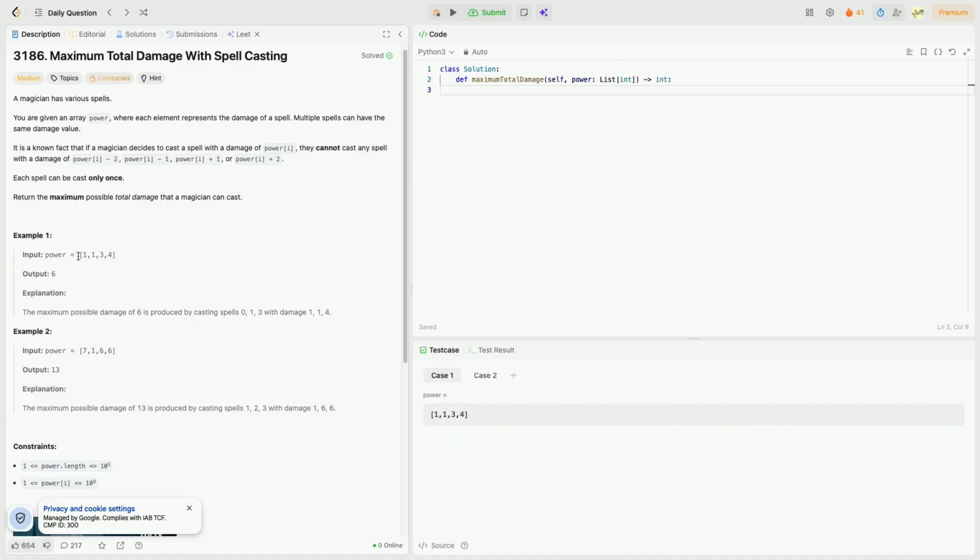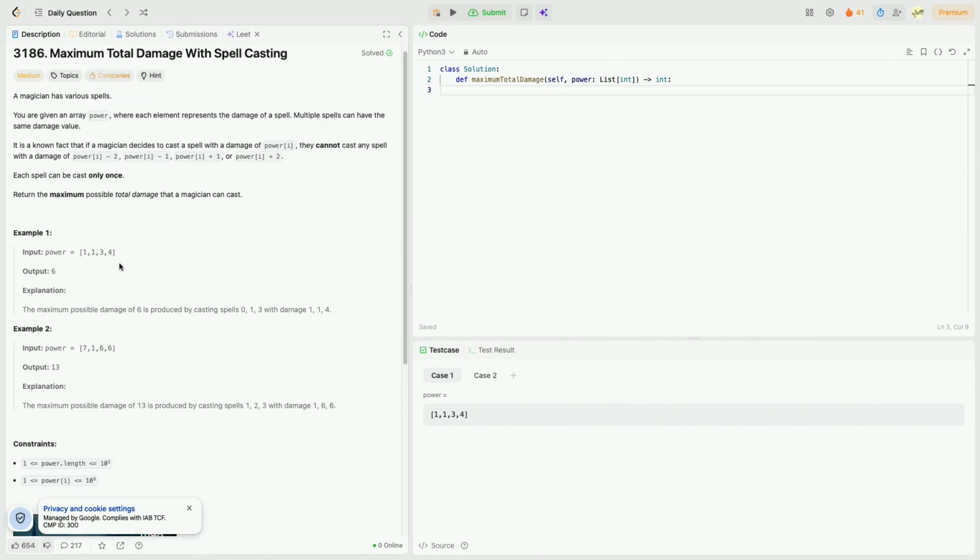And yeah, so here, if we cast a spell with power value 1, that means we cannot cast spells with 0 and negative values. Well, they don't exist anyways. But we can also not cast spells that have value 2 or 3. So 3 is going to be out. And the only other spell we can cast if we choose to cast a spell with power 1 is the one with 4. And that would mean the total power of the spells that we cast is, well, you might think it's 5, but actually, if you look at the spells that we cannot cast, it doesn't say that we cannot cast another spell of the same power.